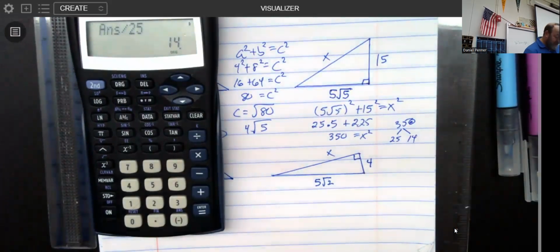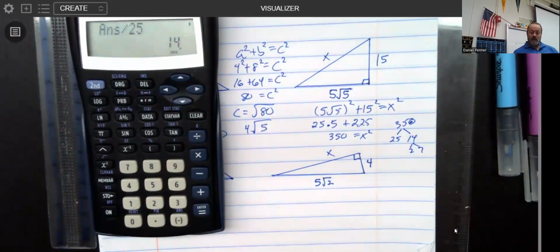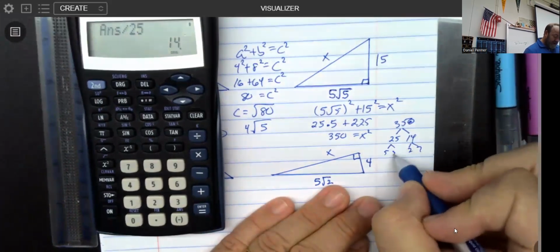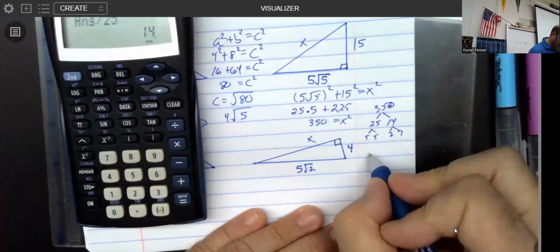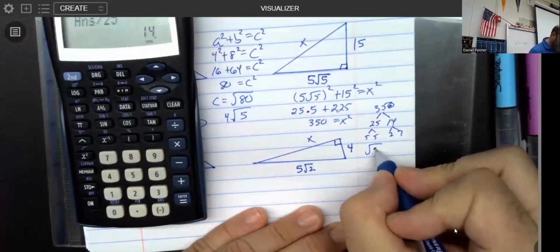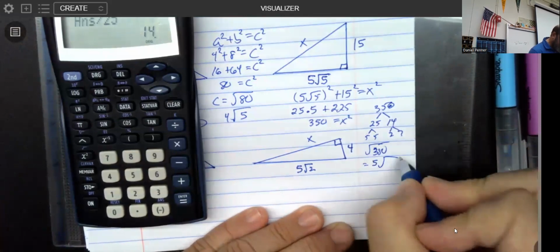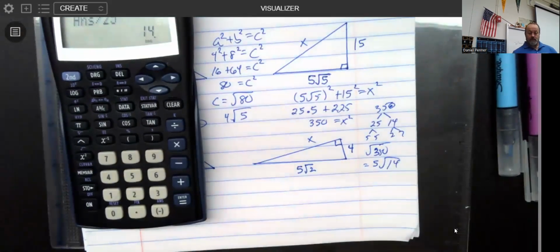Now, 14, I could break it, but 2 and 7 are not going to have any kind of partnership, but 25 has a pair of 5s. So kind of didn't lay this out very well, but the square root of 350 then is going to be equal to a pair of 5s, and what's left inside is both the 2 and the 7. So we usually just write that as root 14.